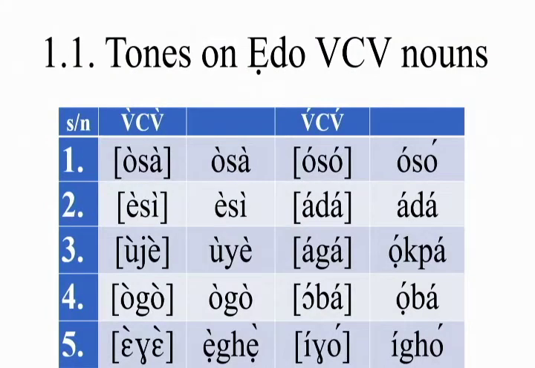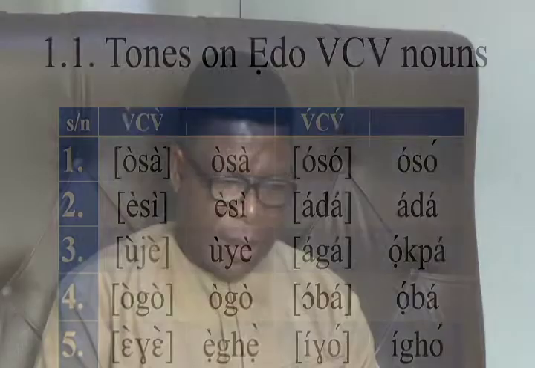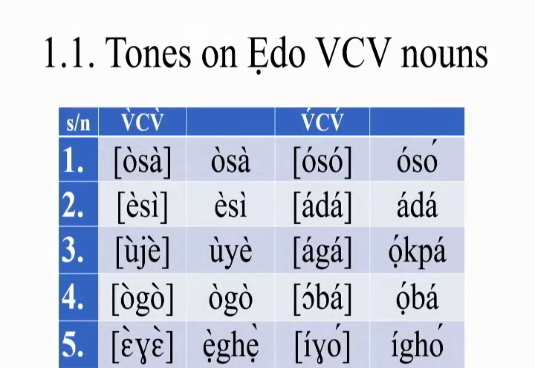So you have the first one there, osa, then second, uye, ogo, enye. So those are the first 5 words with the low tone pattern. Whereas to the right, you have the words with the high tone pattern as you have it in oso, ada, aga, oba, iro.